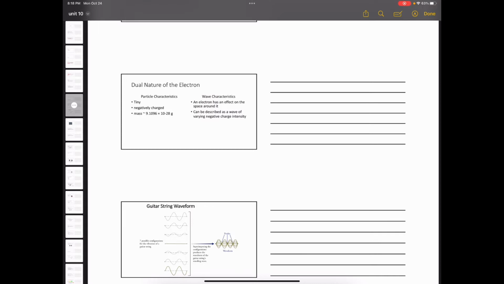As the wavelength increases, the intensity of the negative charge increases. As the intensity of the electron charge decreases, the intensity of the wave also decreases.